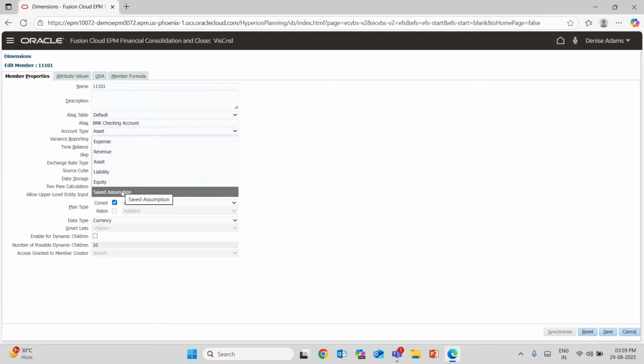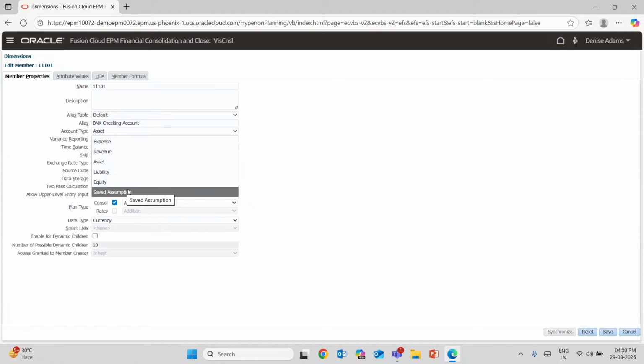Then we have equity as capital, and expenses and revenue.